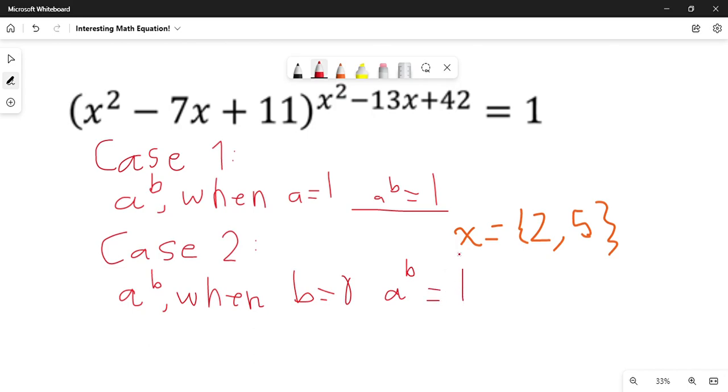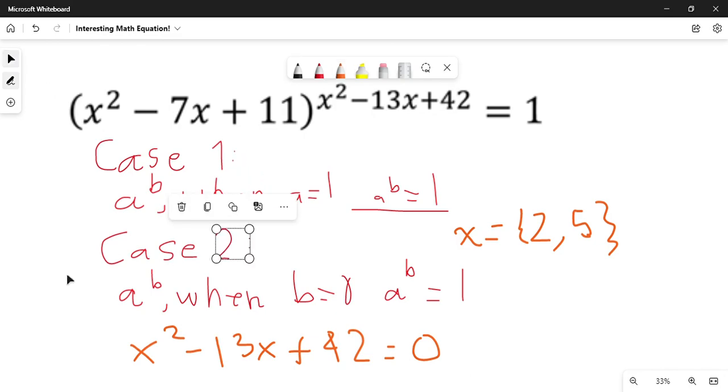So we can apply it to this case and see that this is going to be our b. We can just set b equal to 0. So x squared minus 13x plus 42 is equal to 0.